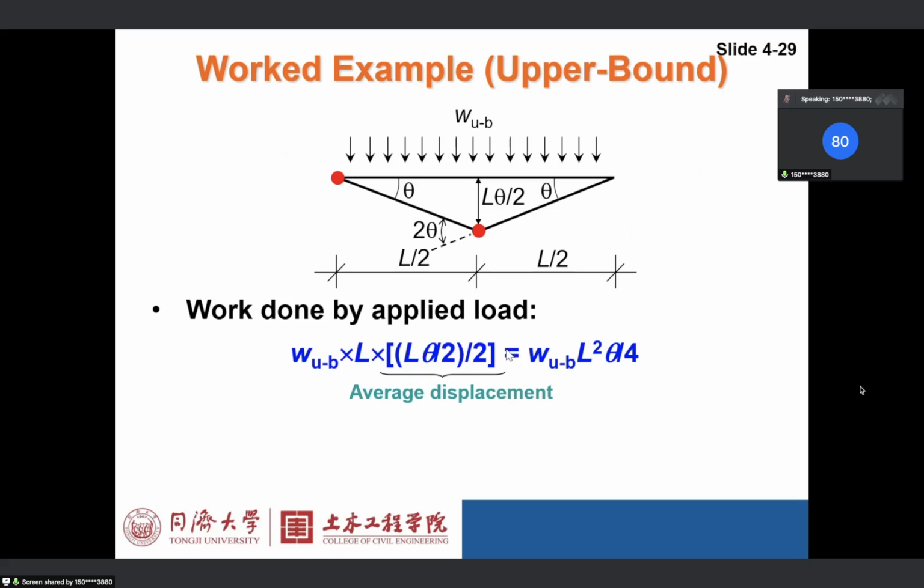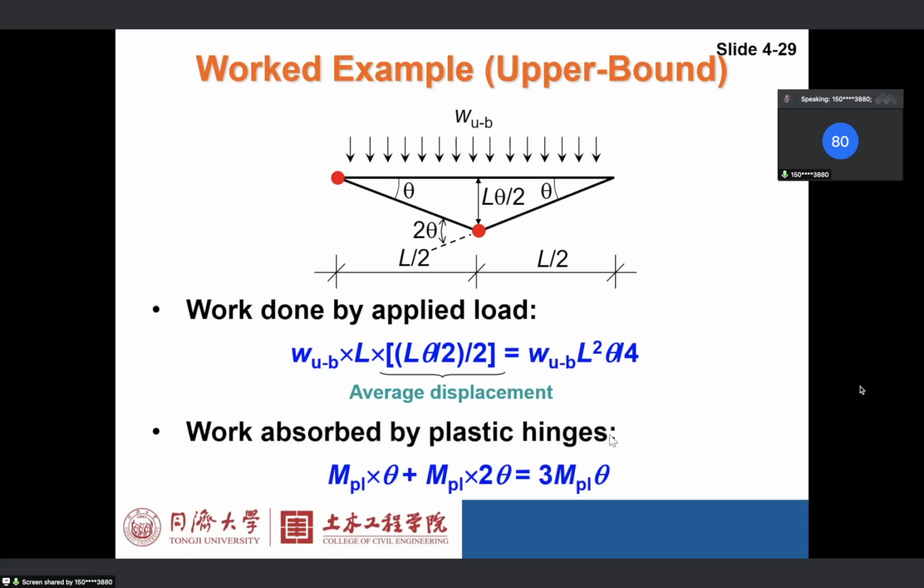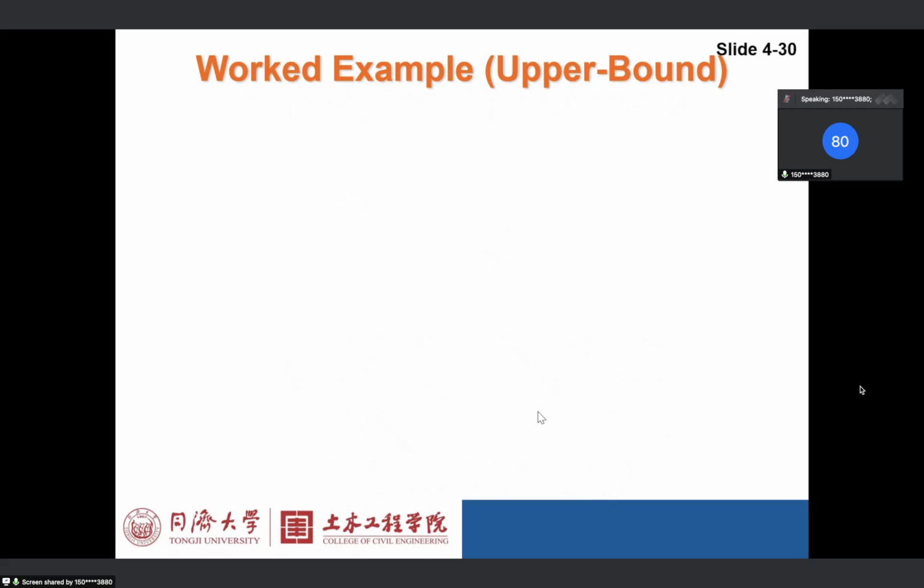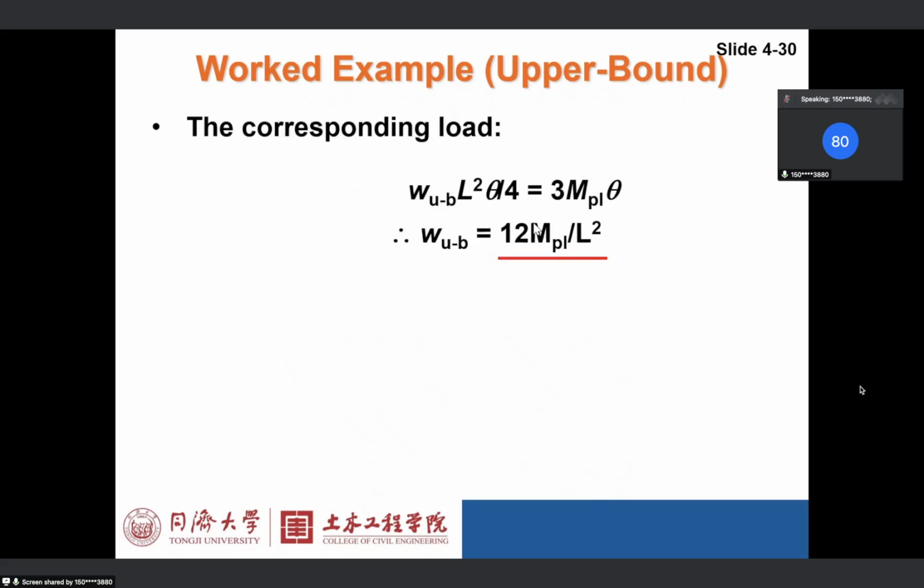This equals the work absorbed by plastic hinges, which is MPL times theta plus MPL times 2 theta plus 0, since there is nothing here. So we have 3 MPL theta equals WB L squared theta over 4. Based on this equilibrium equation, we get WB, the upper bound, as 12 MPL divided by L squared.